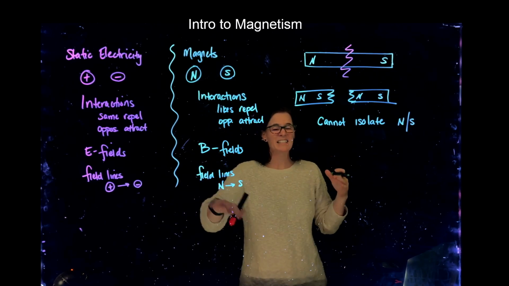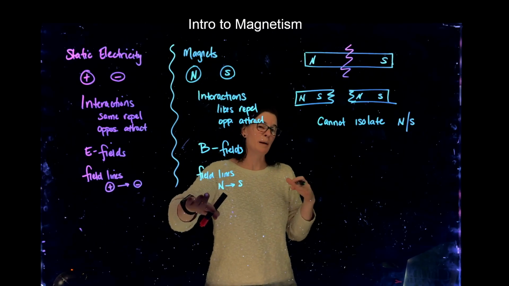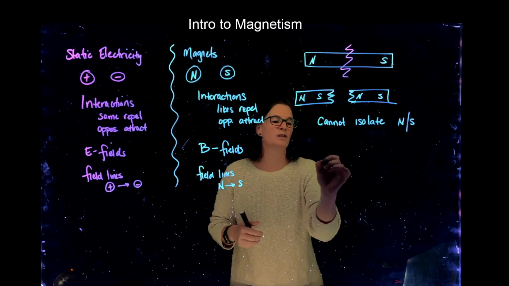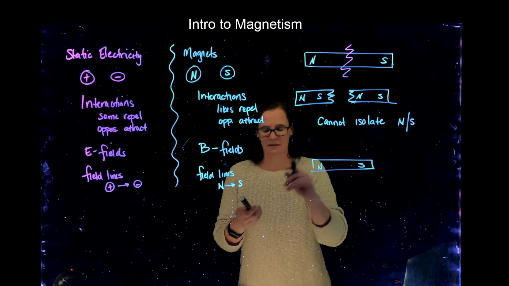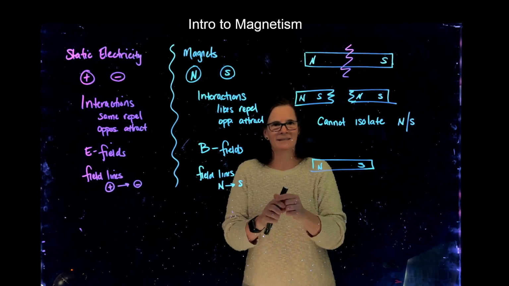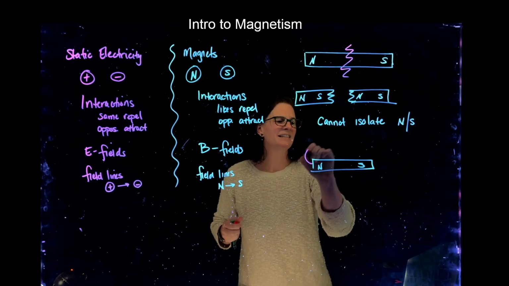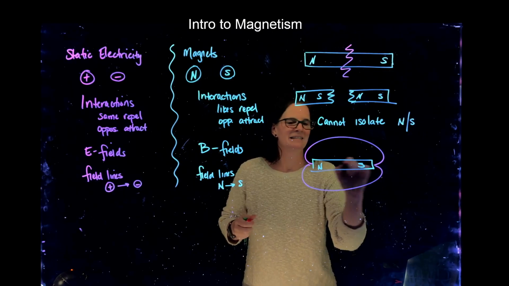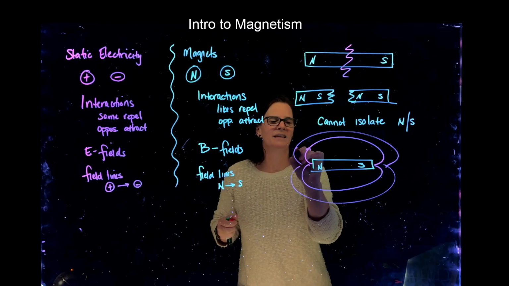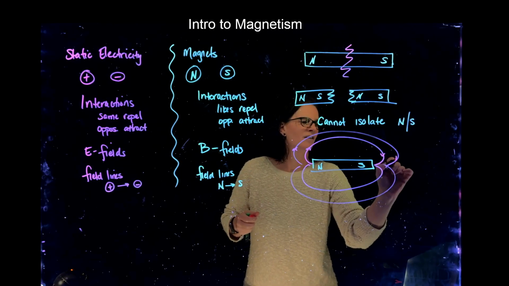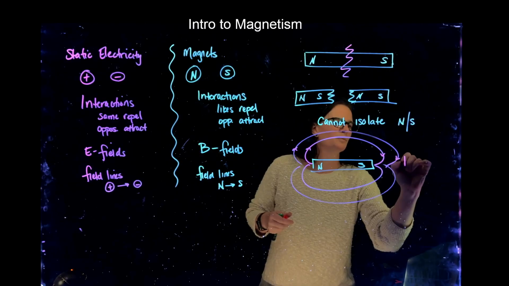This leads to the idea of a cool property about field lines. So field lines go from north to south, and because they are all within itself, they're closed loops.